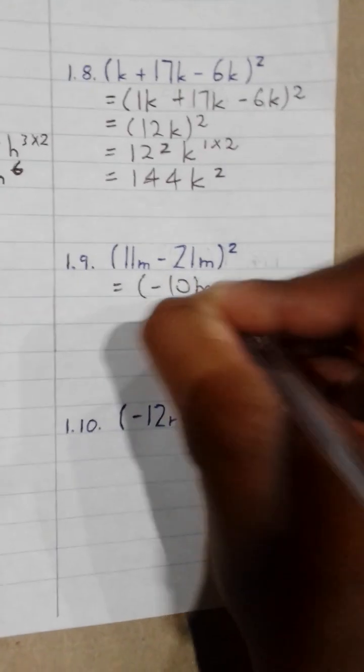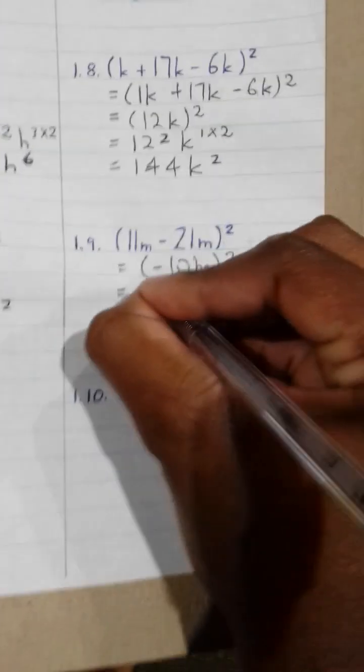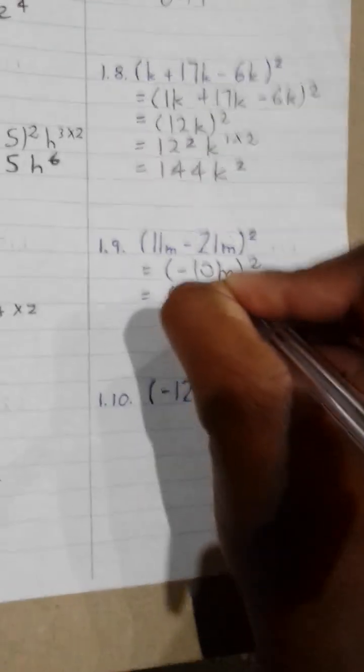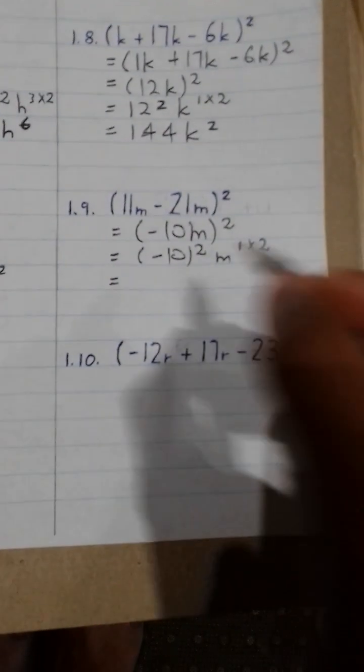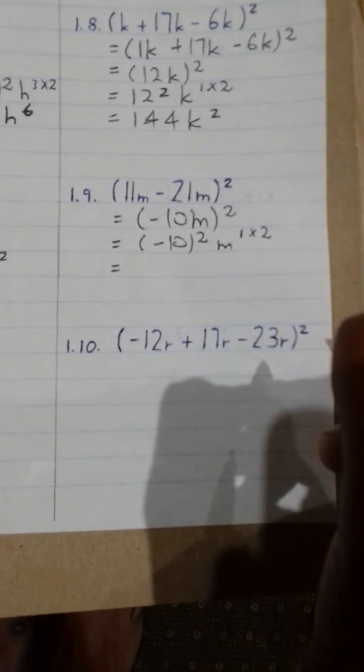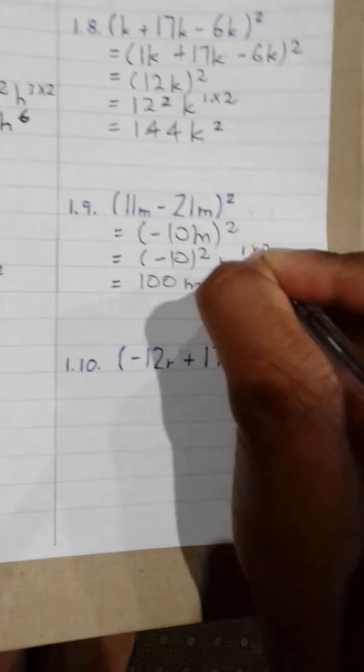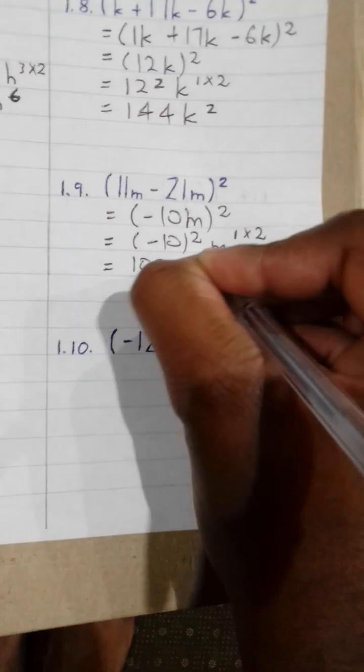Negative 10m squared. So it's going to be negative 10 to the power of 2, m to the power of 1 times 2. Negative times negative, positive. 10 times 10, 100. M, 1 times 2 is 2.